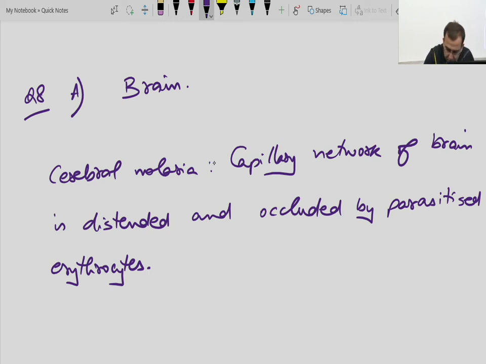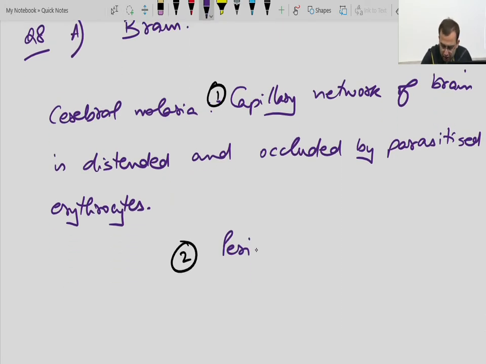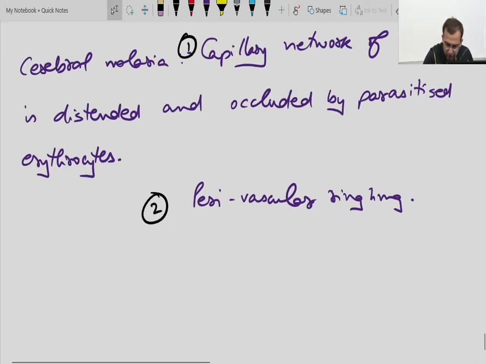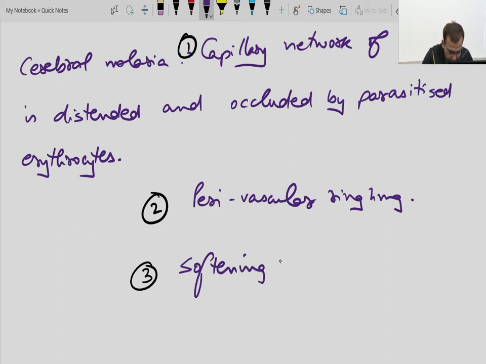Next, because of this, it is also associated with perivascular ring hemorrhages. The third feature is softening because of degeneration of nervous tissue.